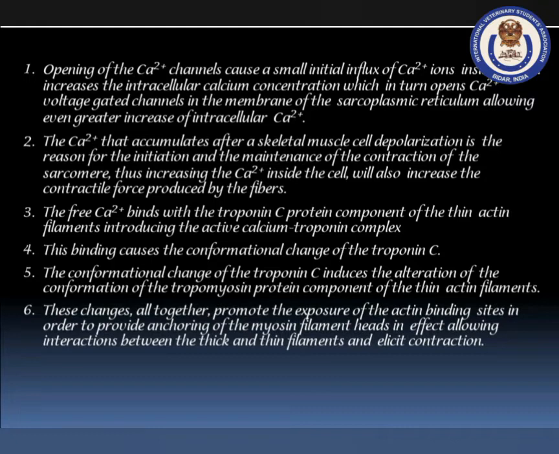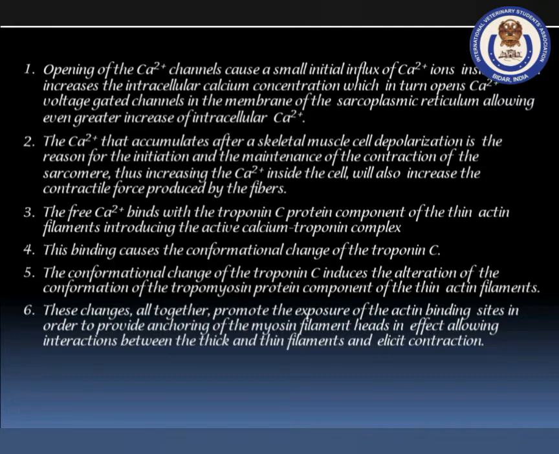Thus, increasing the calcium inside the cell will also increase the contractile force produced by the fibers. The free calcium binds with the troponin C protein component of the thin actin filament, forming the active calcium troponin complex.